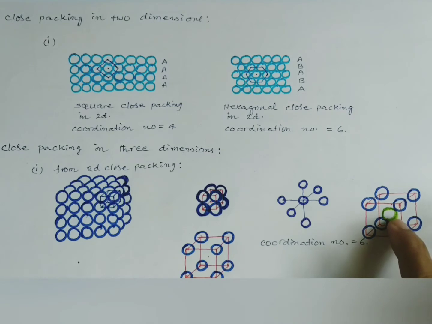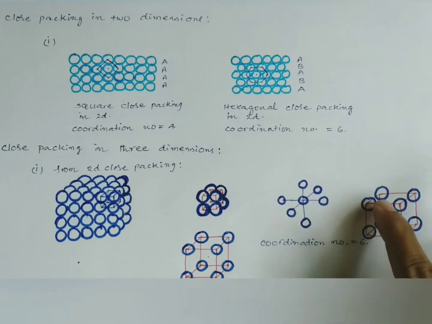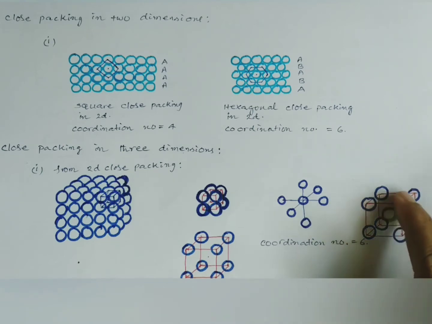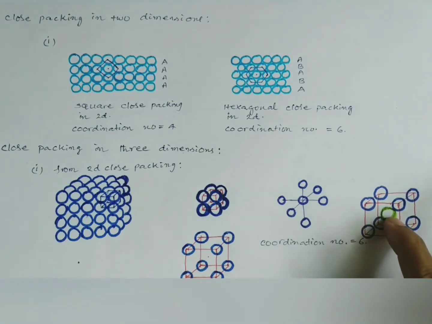So that means this atom is in touch with 8 atoms. So the coordination number of this atom becomes 8. Remember, these atoms are not touching each other. They do not touch along the edges in order to make some space for this atom.